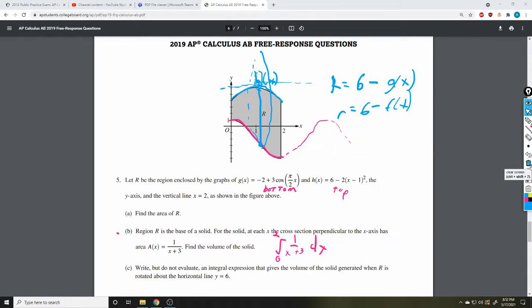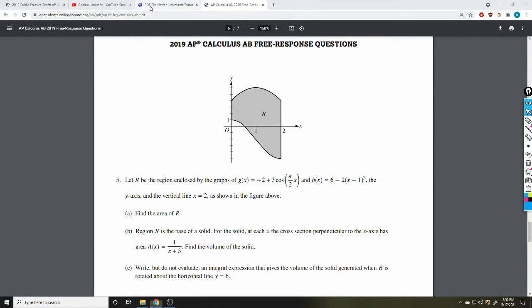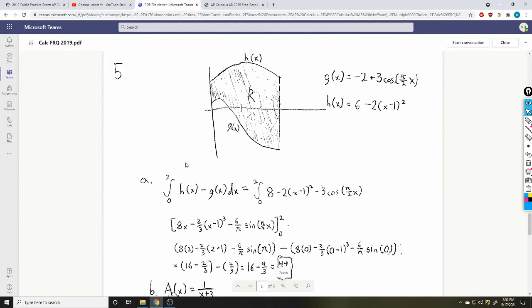Now, here's some details. Look at that drawing. Part A. Top curve minus bottom curve there. I work out these antiderivatives. The trickiest antiderivative here is the 3 cosine. So first off, the antiderivative of cosine is sine of pi over 2 x.